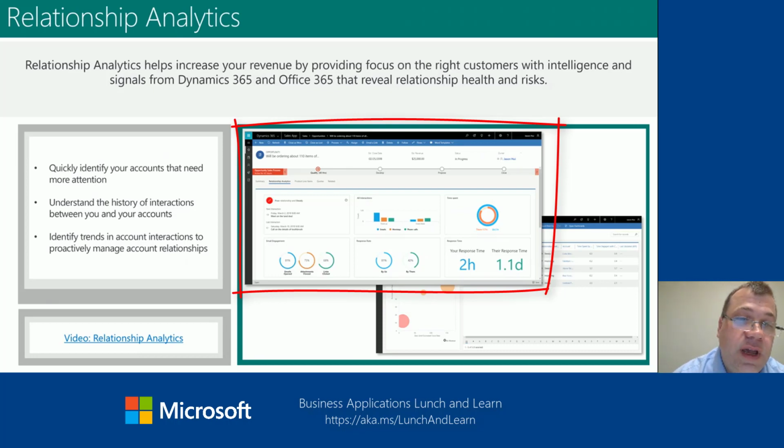So it's looking at Microsoft Graph, which stores all the different communications, from your email traffic with particular individuals within an account or within a contact, to the LinkedIn communications that you might have going on, to marketing events that they're participating in. So you're going to be able to see the whole gamut of different interactions that you have with these customers and what that means for the relationship health and that scoring.